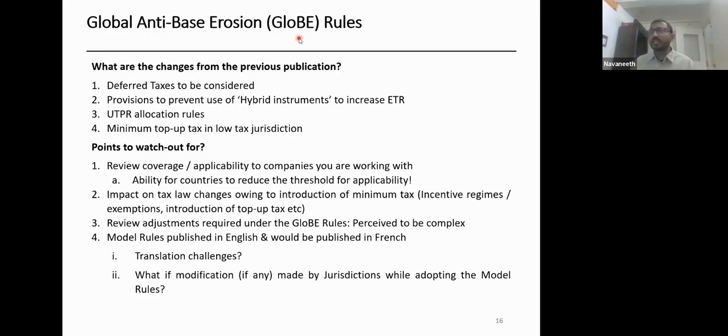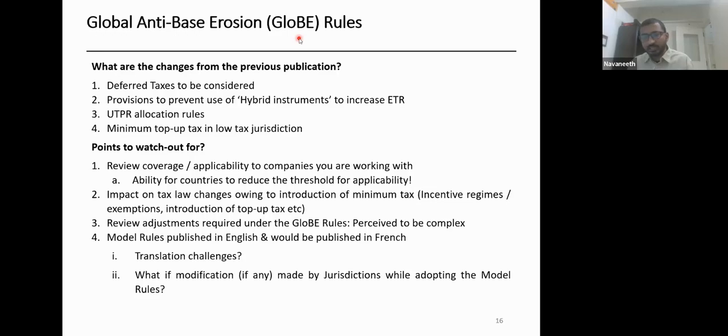There are a few things that come to my mind in terms of what one should bear in mind and watch out for. The first is to review the coverage and applicability to the set of companies you are working with. You may also wish to understand whether a particular country is reducing this threshold.